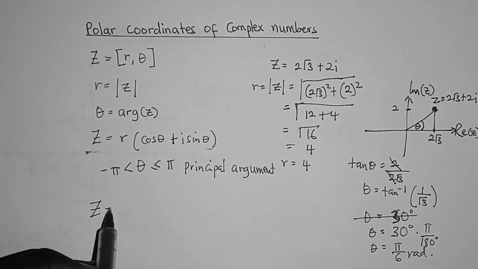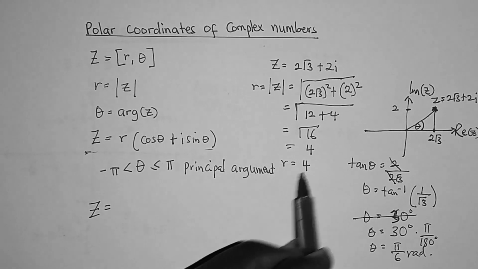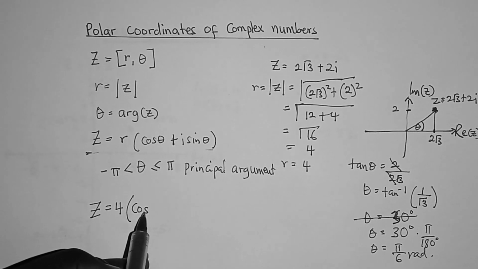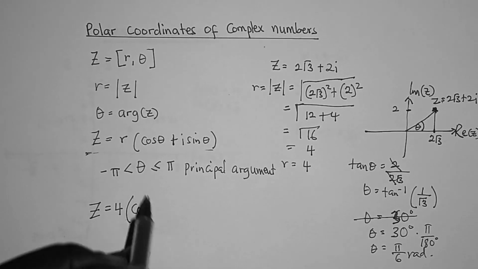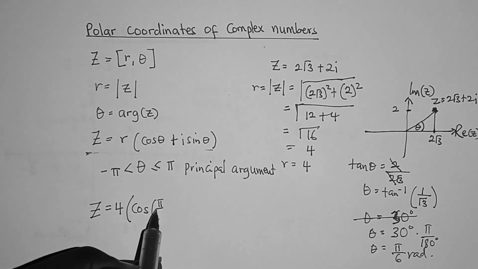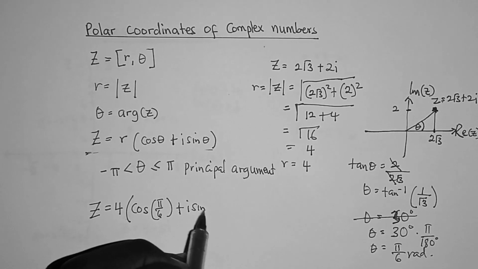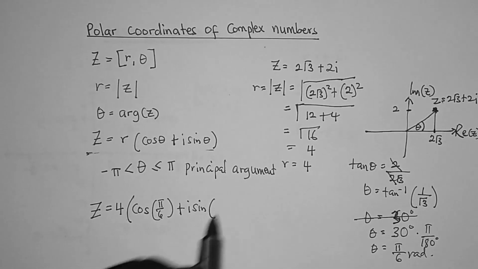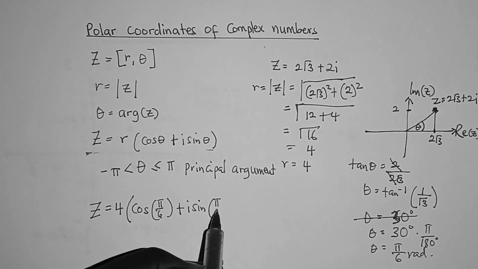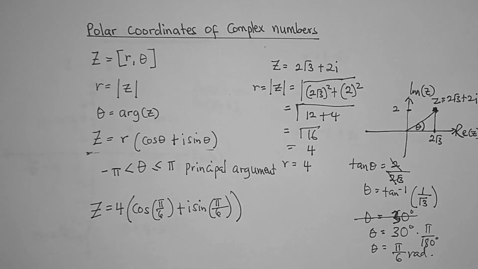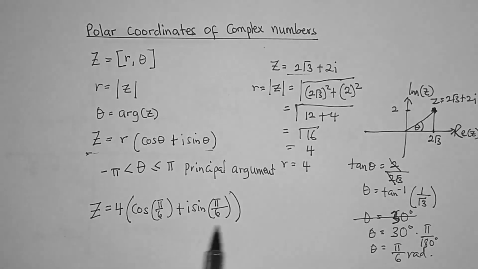So z can be expressed as r, which in this case was 4, times cos theta, and theta is pi over 6, so cos pi over 6, plus i sine theta, so plus i sine pi over 6. So this is the complex number in its polar form.